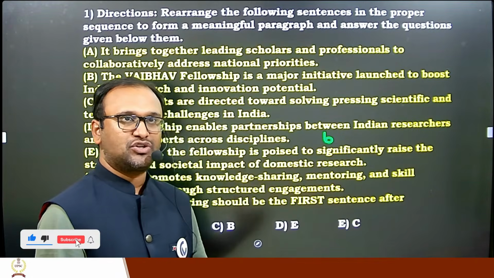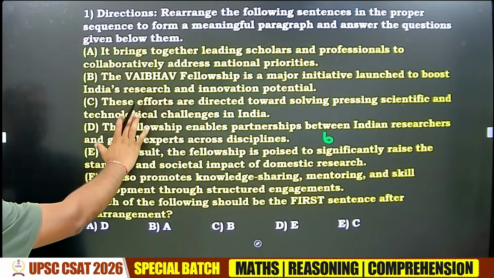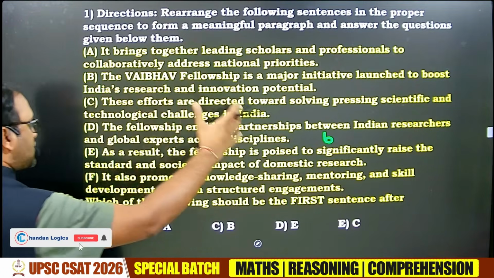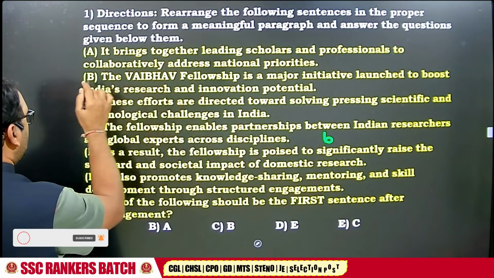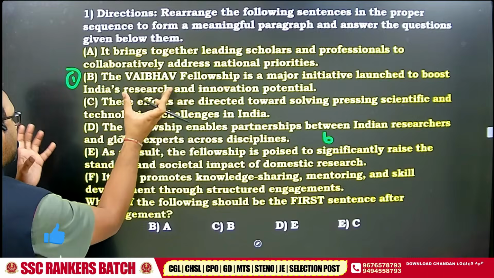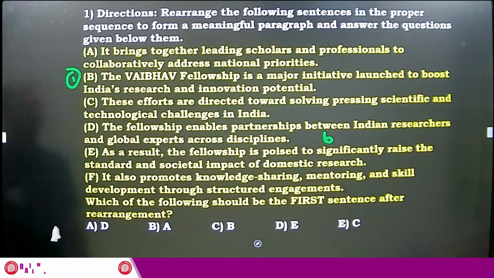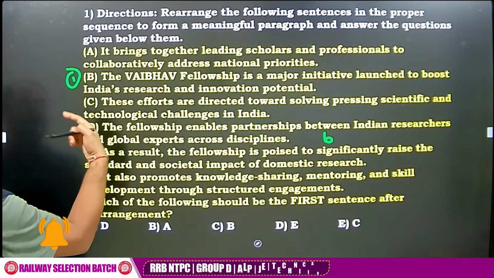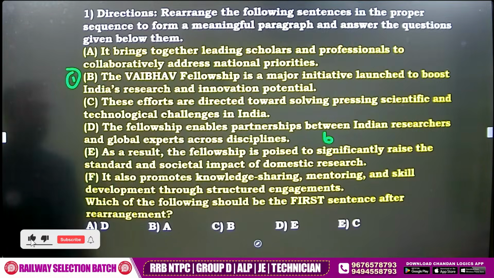The name of the fellowship is IBPS Fellowship. Introduction is given. What is the fellowship talking about? It is a major initiative to boost India's research and innovation. So here the topic started, the story began. So after B, what could be the first statement, guys?